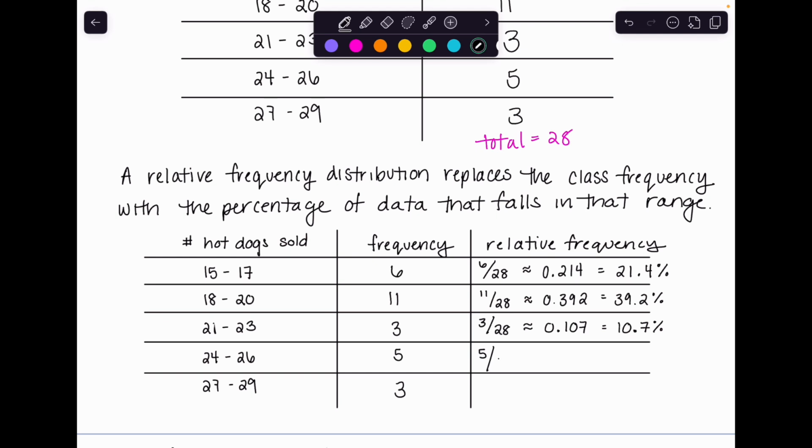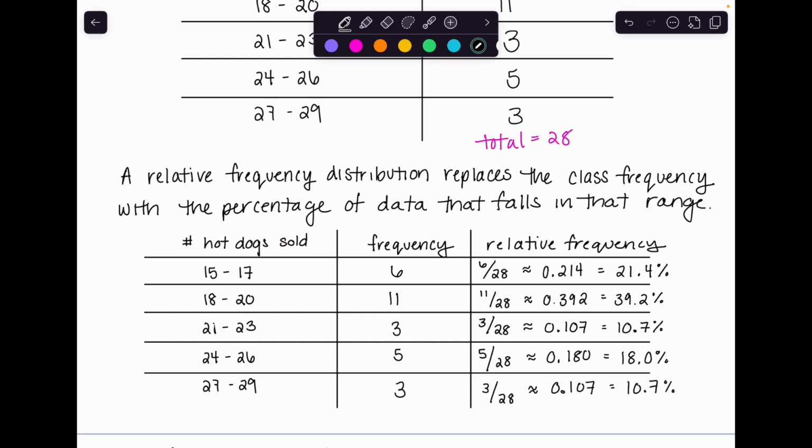Then finally, this category is 5 out of 28, which is 0.180 when you round, which gives you 18.0%. And then finally, this category, we already did 3 divided by 28, it's 0.107, which gives us 10.7%.